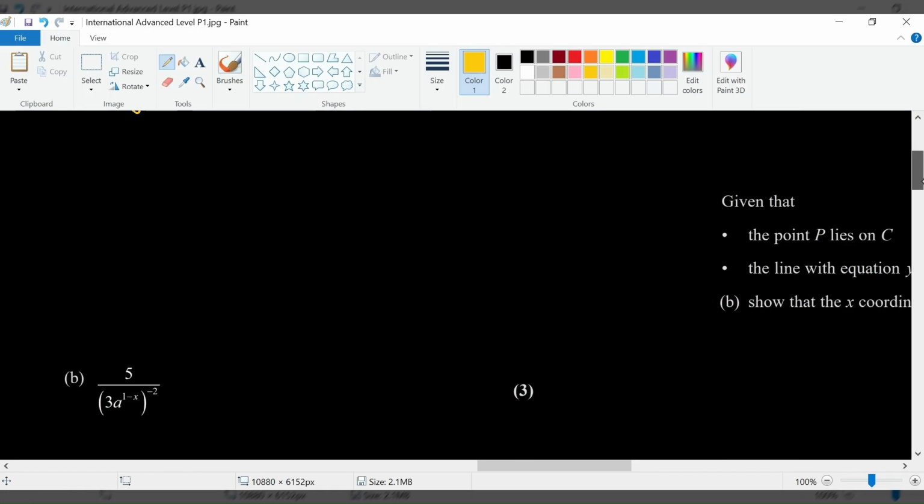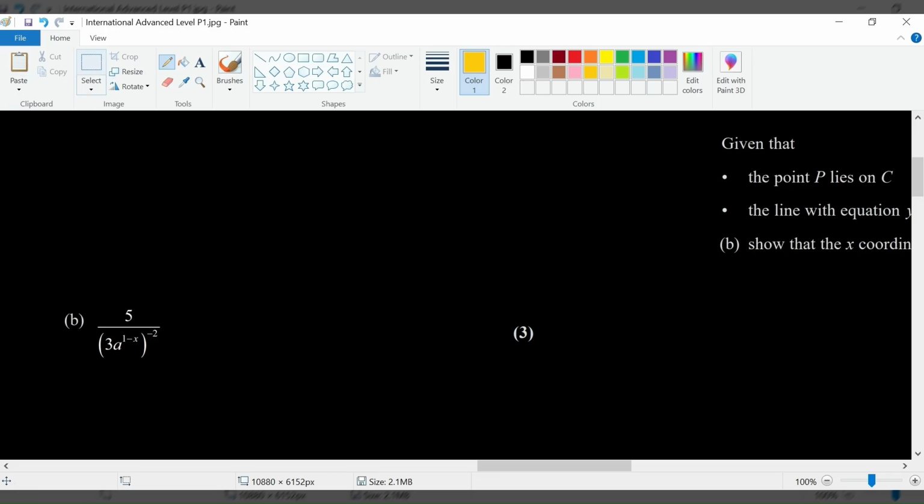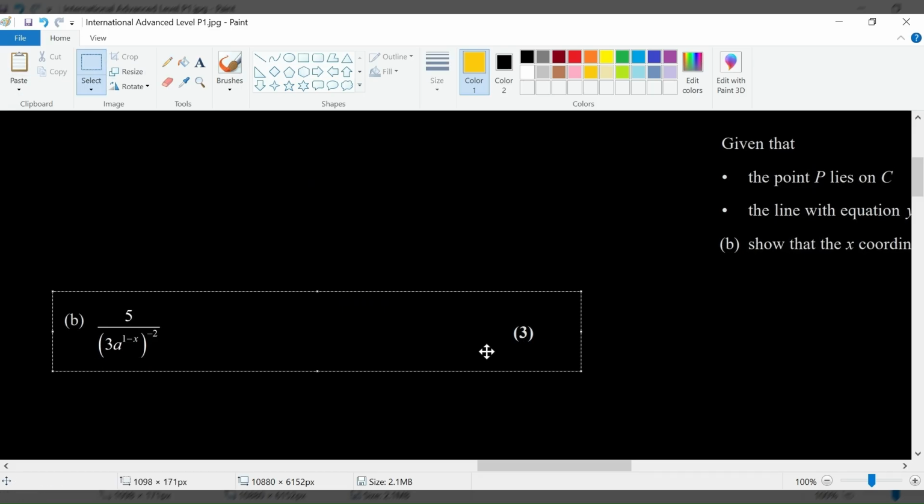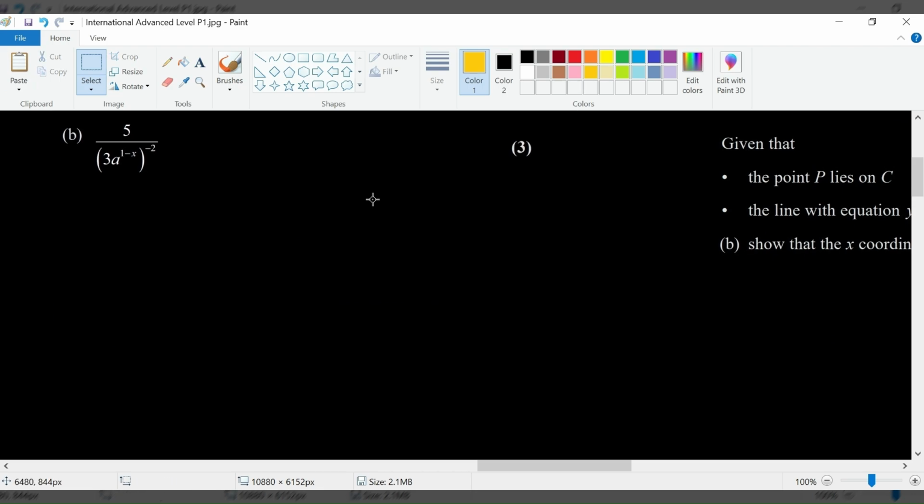Now these are all manipulations of laws of exponents. In this part, I can simply take this whole denominator as a numerator, and the only thing that changes is the sign of the exponent. If I take this whole thing as a numerator, I will write this as 5 times 3 to the power 1 minus x, and this is going to be a positive 2. This is the first step.